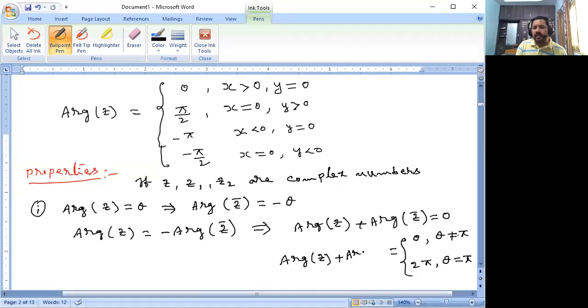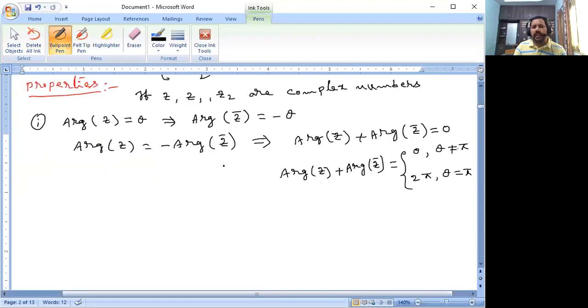Otherwise, if theta is equal to pi, then argument of z plus argument of z conjugate is 2 pi. This is important. Okay.